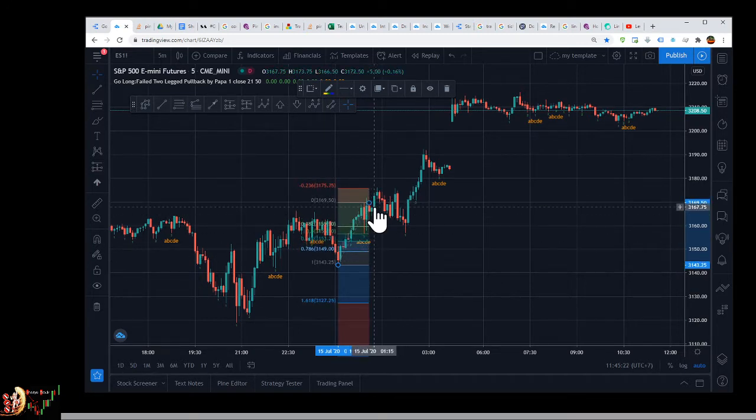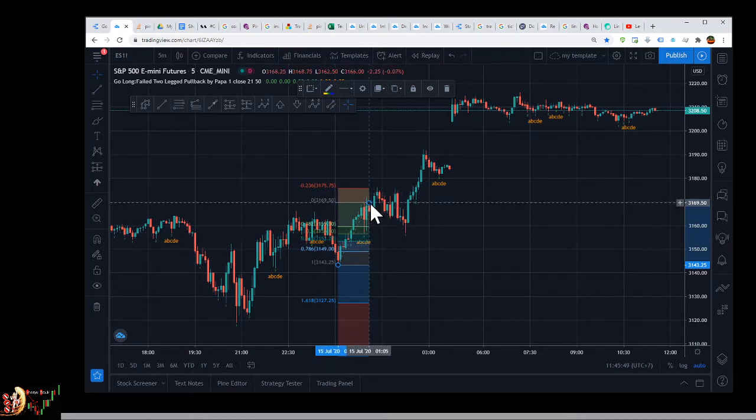Then I need to see where it retraces, at either the 50% or 61.8% level. If the wicks touch or go past the 50 and 61.8, but the body of the candle is above 50% or 61.8%, then it will be 1 on the Papa score.